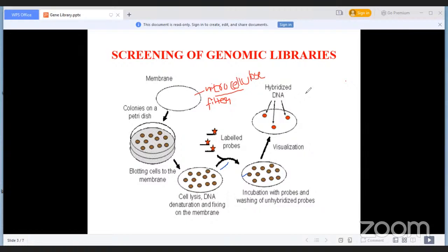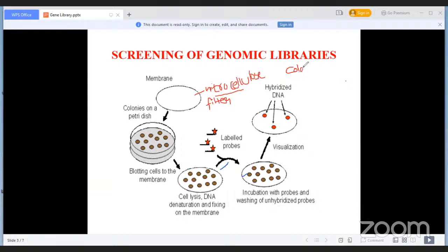The identification of cloned genes from a vector or bacterial colony is an important step in the construction of a genomic library, right? The desired gene DNA fragment from the genomic library can be recognized by a special method called colony hybridization.